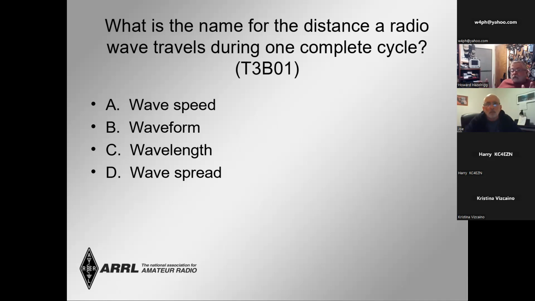The only one that even refers to a length is wavelength. It's not a wave spread or a waveform or a wave speed. Although, get back to this, the wave speed is always 300 million meters per second.